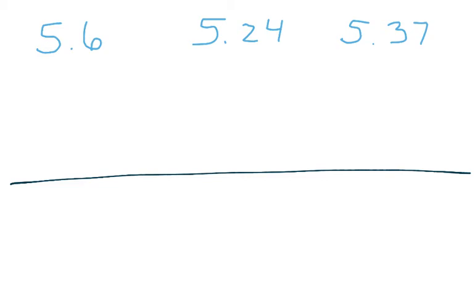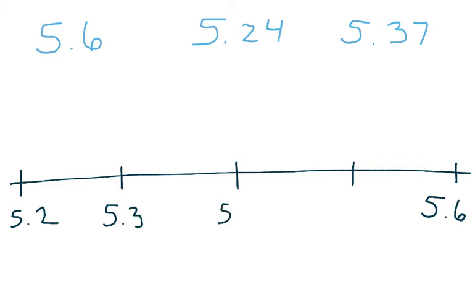So over here is 5 and 2 tenths, and over here is 5 and 6 tenths. So I need 5 and 3, 5 and 4, 5 and 5. This is 5 and 3 tenths, 5 and 4 tenths, 5 and 5 tenths, 5 and 6 tenths.